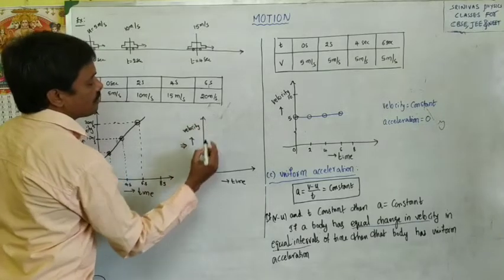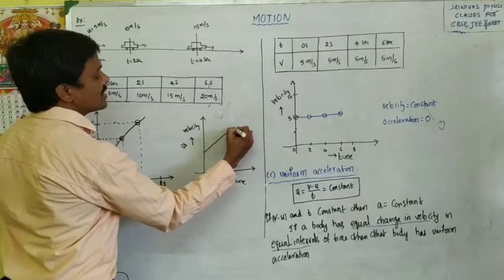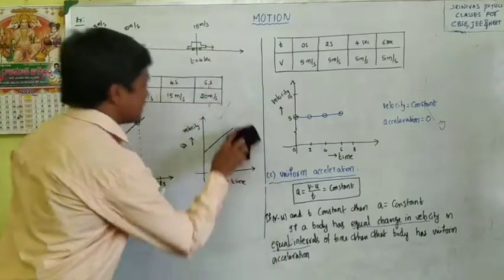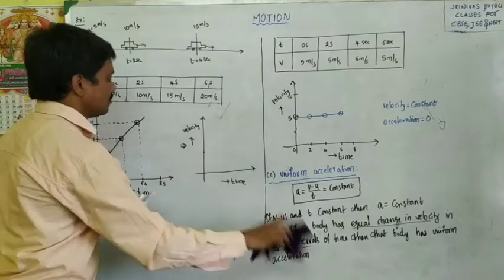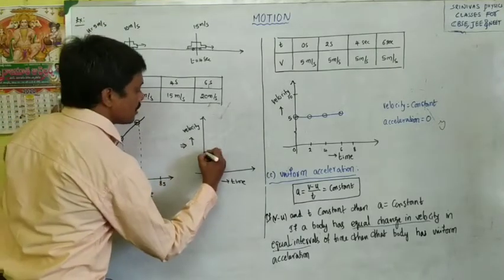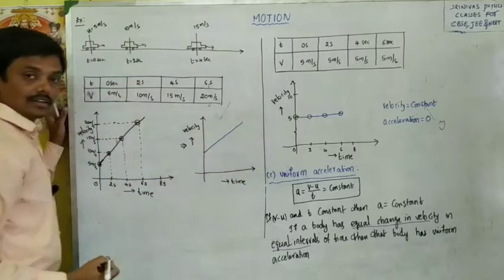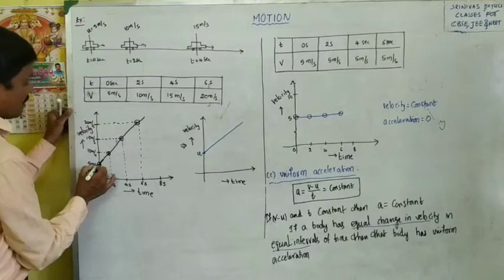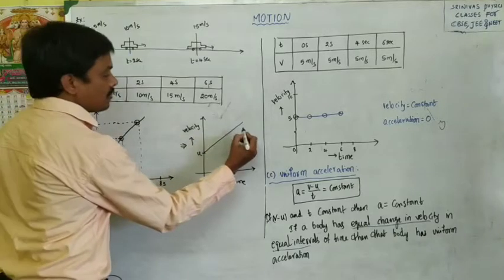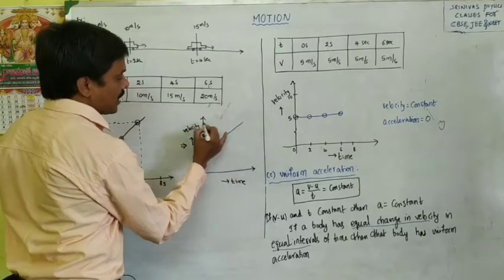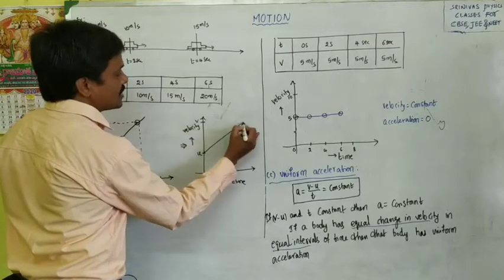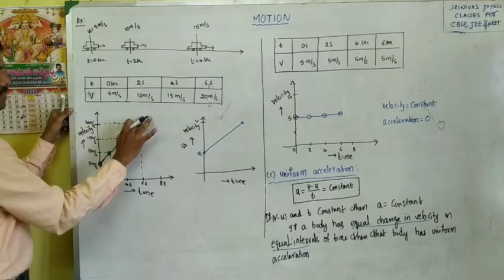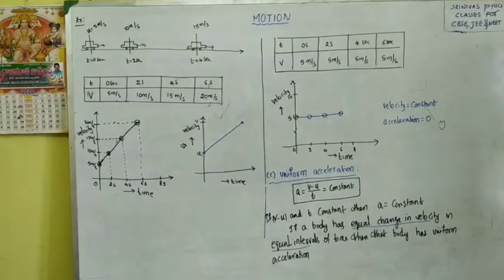The graph we get looks like this. Here the starting velocity is u. Here 5 meter per second is the starting velocity. After some time t, the final velocity is this final point, 20 meter per second. This is the final velocity. Like this, the graph will be.